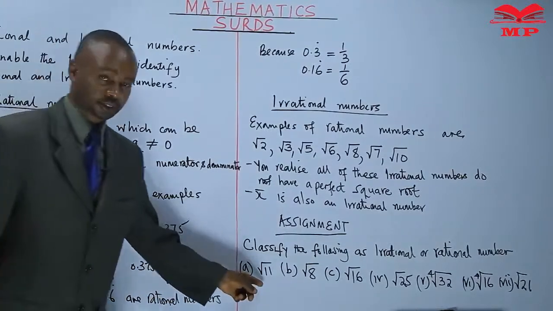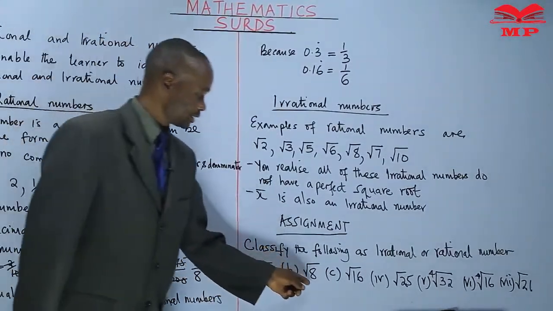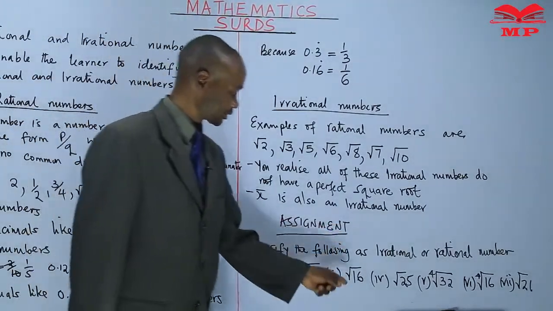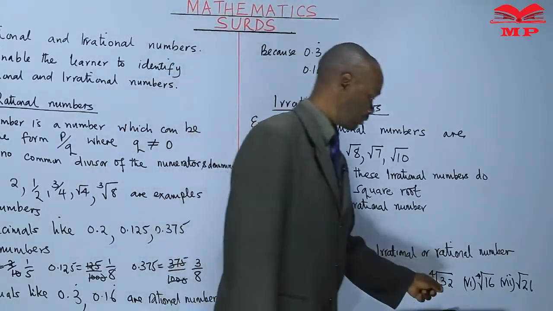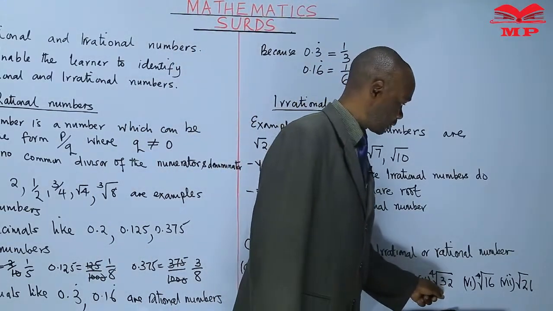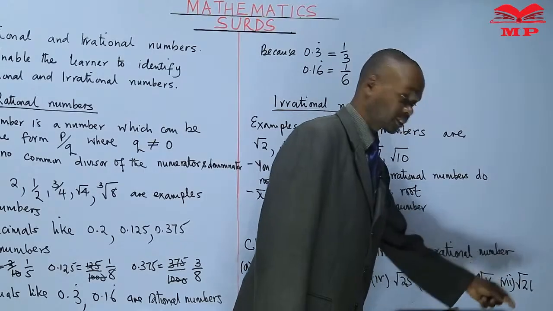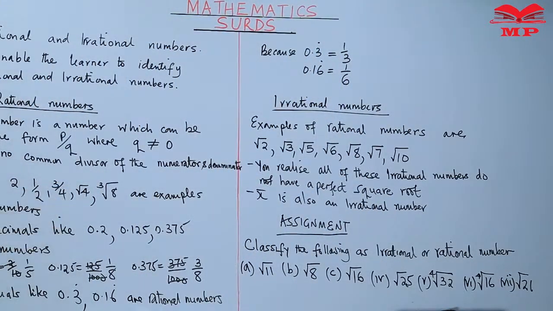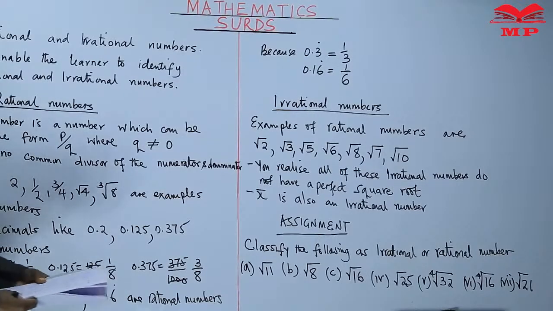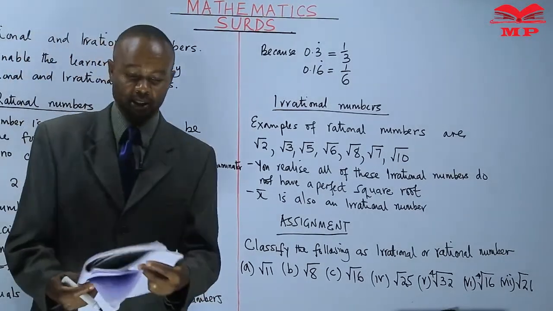We have square root of 11, square root of 8, square root of 16, square root of 25, fourth root of 32, fourth root of 16, and square root of 21. Note that, learner, where you'll get a perfect one, a whole number, that will be a rational number. Where you cannot get a whole number, that will be an irrational number.